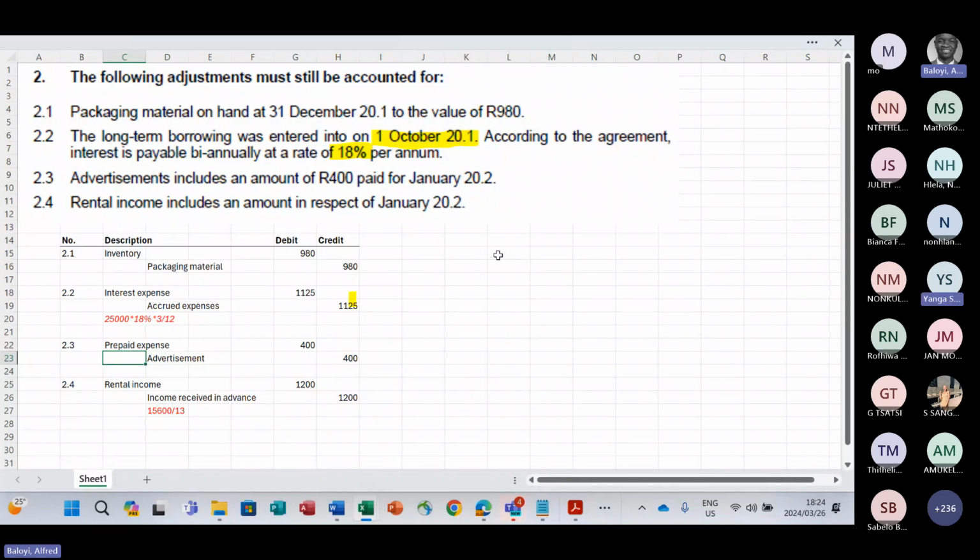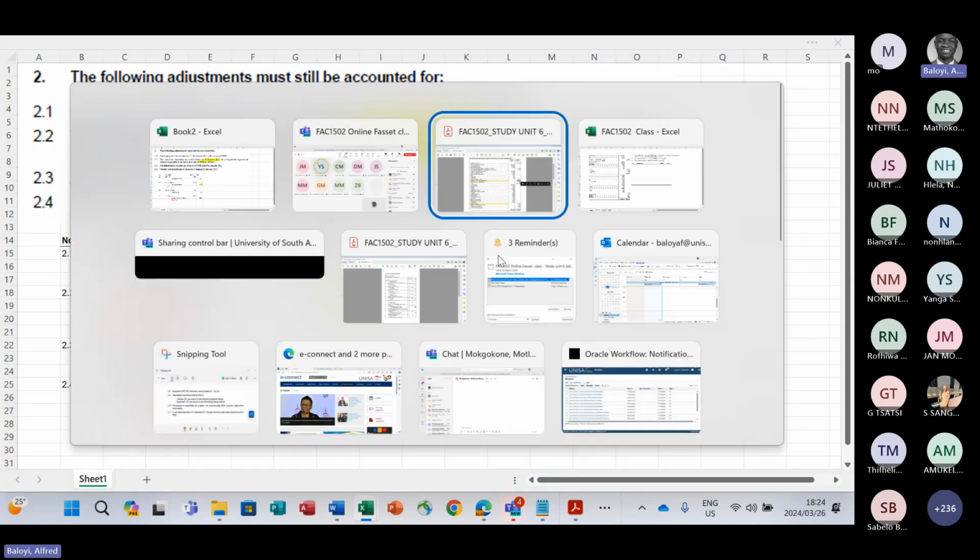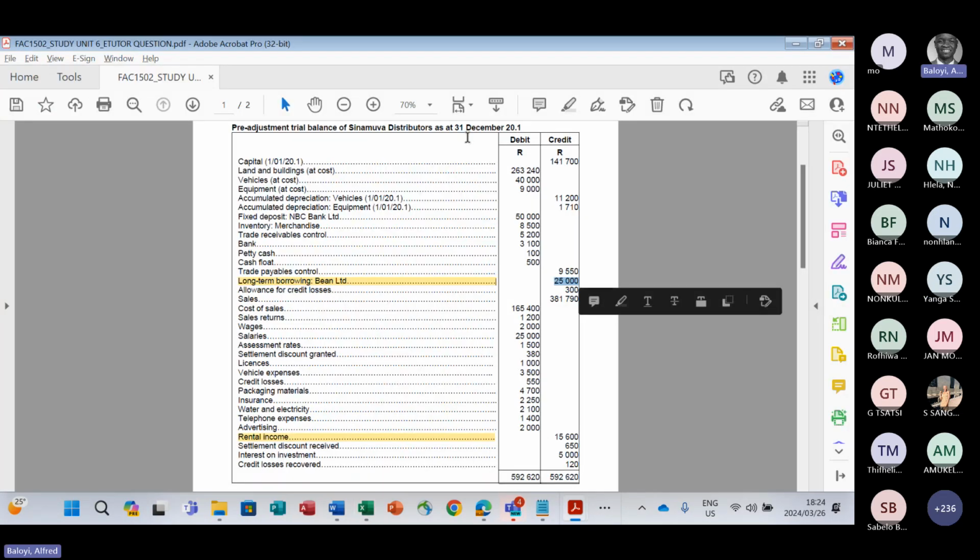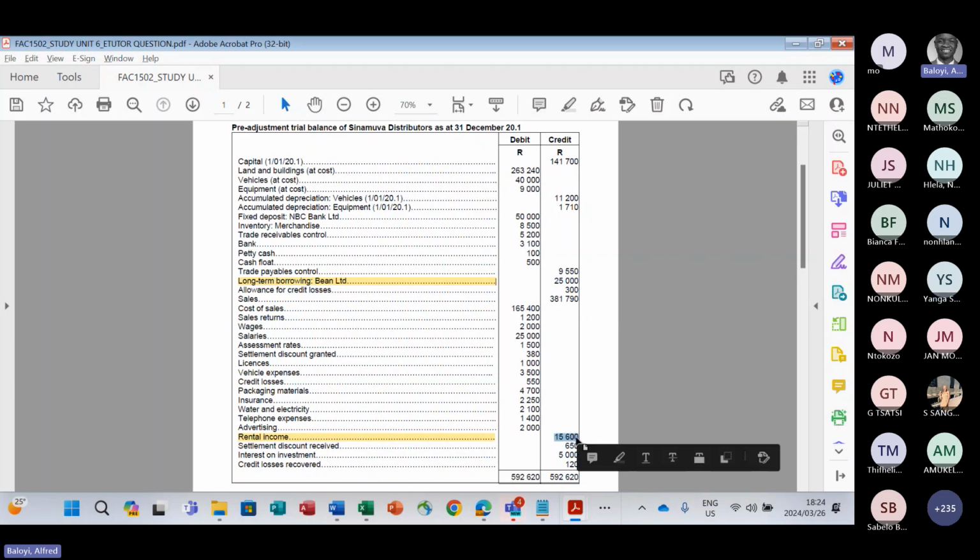What does that mean? Because we're reporting at 31 December 20.2, we have included an amount for the following year for the month of January, which is only 1 month for the following year.